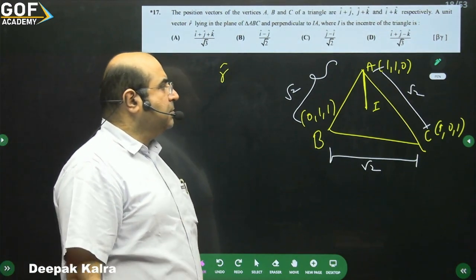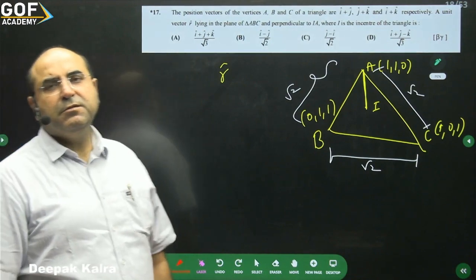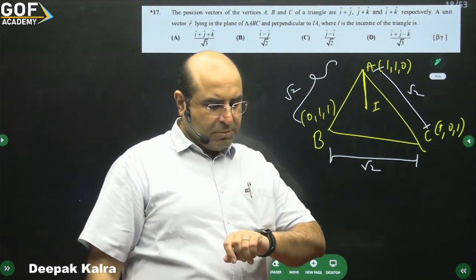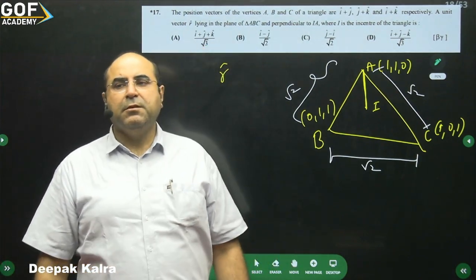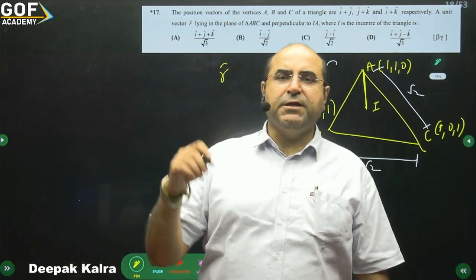Am I clear? So it's an equilateral triangle. It's an equilateral triangle. In an equilateral triangle, the incenter, circumcenter, orthocenter, centroid, everything is the same.